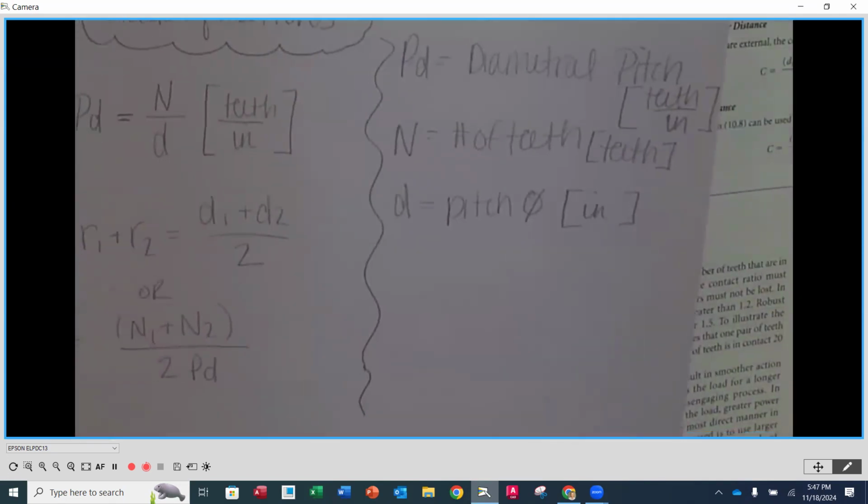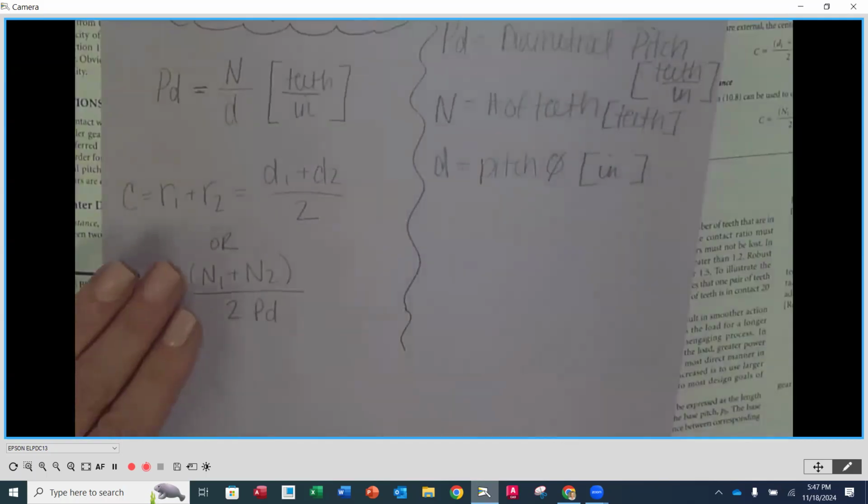Now, something they don't do is put the units in and what each one of the variables means. So I do want to add that on our equation sheet.